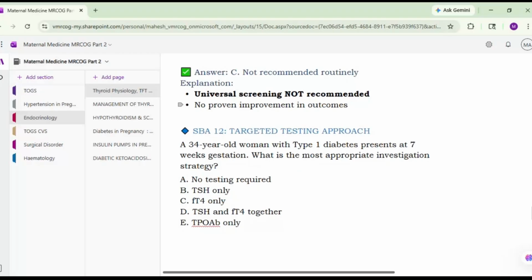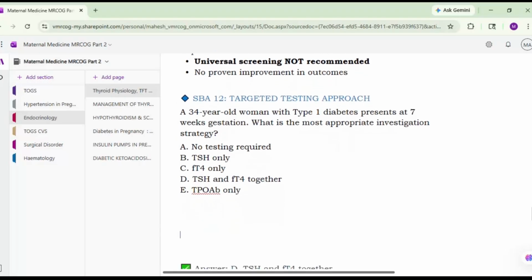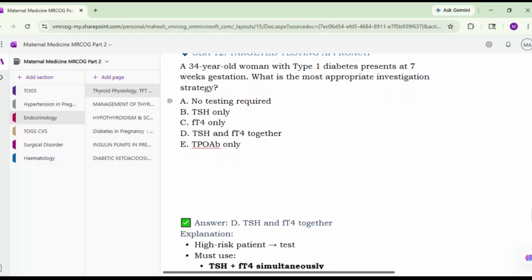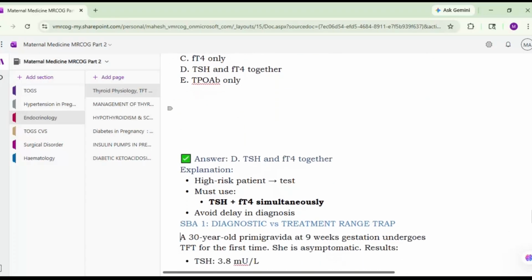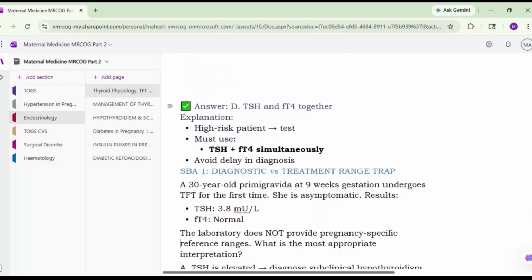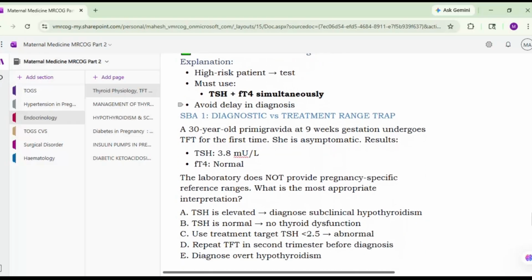So it is D. TSH and free T4 are done together at the same time. Autoimmune disease is an indication for thyroid screening, and you will do TSH plus FT4. There are many other indications, like clinical features, previous history, and so on. So in a high-risk patient we will do testing, and the test used is TSH and FT4 simultaneously. That will avoid delay in diagnosis. Next.